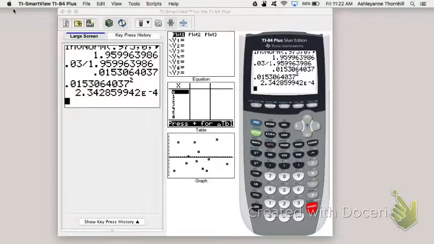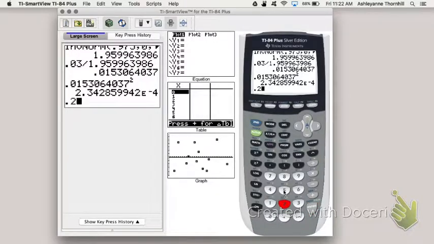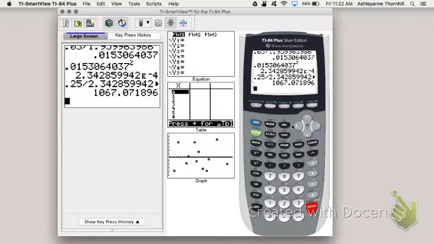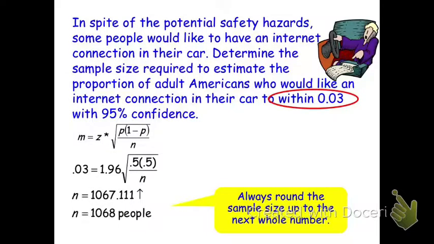I'm going to type in 0.25 first and then select my answer, and you get 1067.07. So you always round up, because if it's asking for a minimum sample size, 1067 will not be big enough. You have to do 1068. So always round up the sample size to the next whole number.